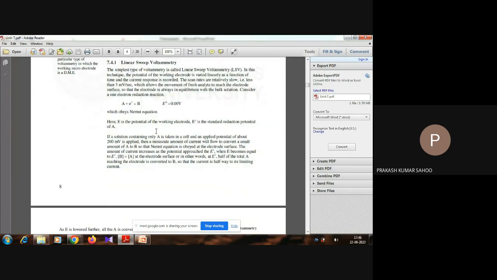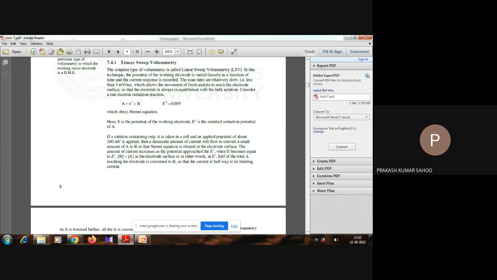So let's have a reduction reaction. I told you that in electrochemistry or electroanalytical methods, according to the latest rule of IUPAC, we should always take the reduction potential for the calculation of E cell, that is the EMF of the cell.